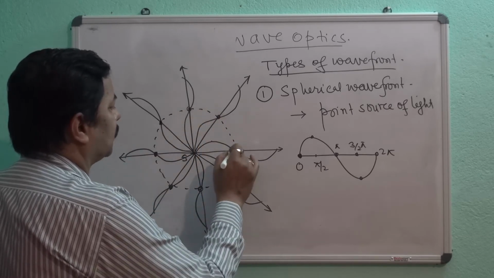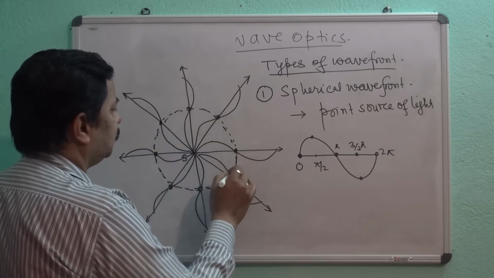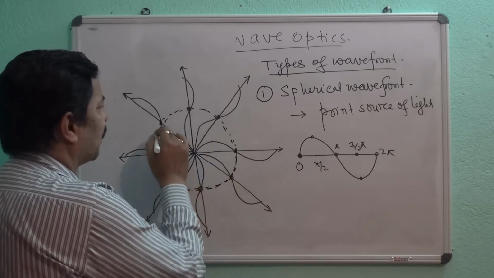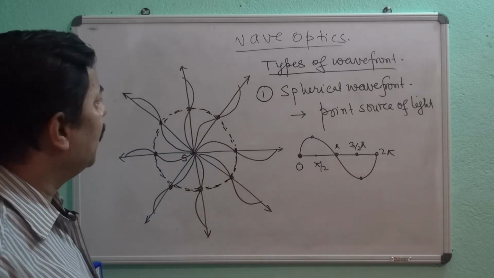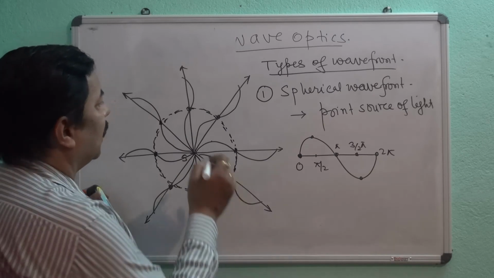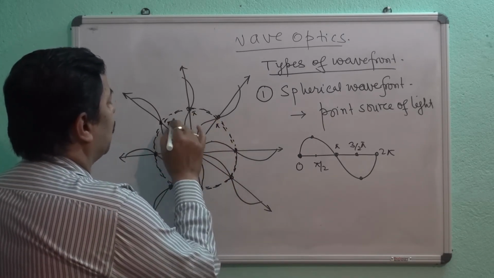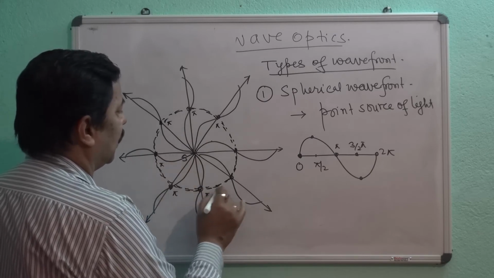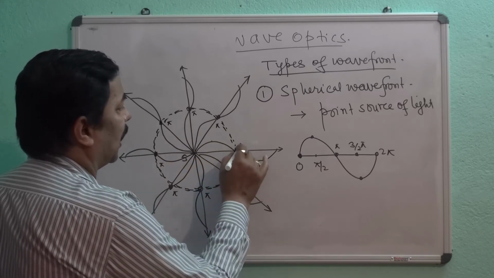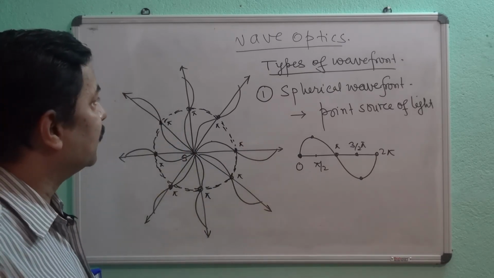You will observe that a spherical surface is formed, and this is your wavefront. Why? Everywhere the phase is pi. So this is the surface of the same phase.